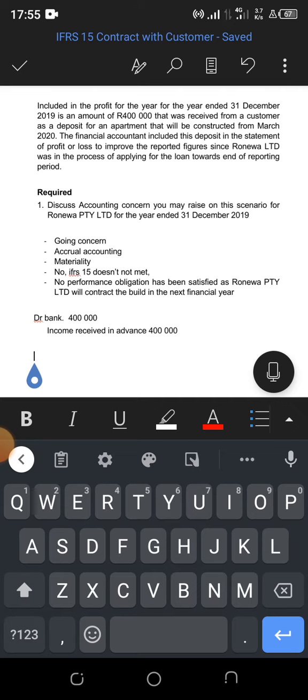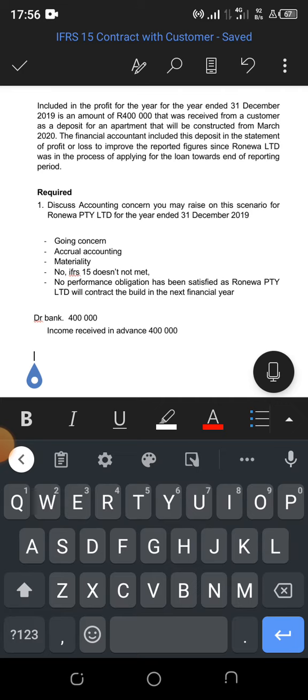If that item is an asset, your deferred tax must be a liability. If you are dealing with a liability component, you must regard it as an asset. It's vice versa. If it's income, you must deal with expense. Your deferred tax must be expense. If you are dealing with expense, the deferred tax must be deferred tax income.